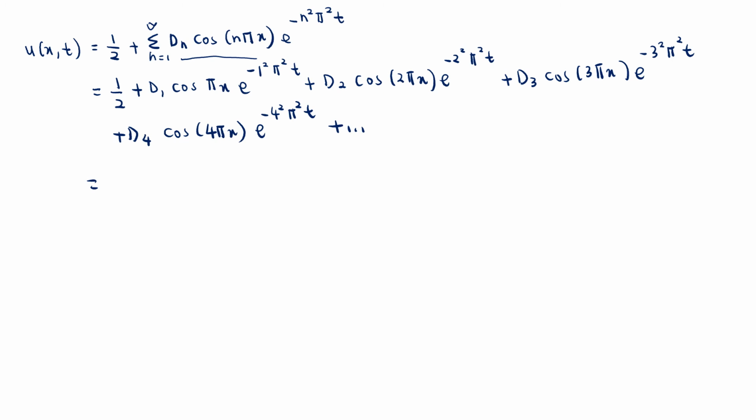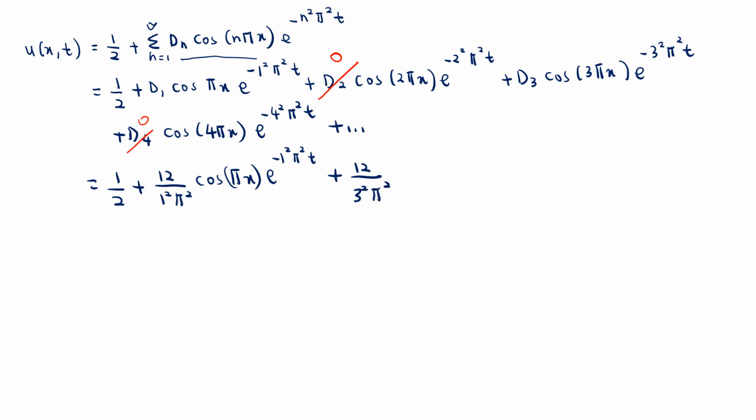We know that when n is even, d equals 0. So this will become 1 over 2 plus 12 over 1 squared pi squared, plus 0, and when n equals 3, we will have 12 over 3 squared pi squared times exponential, and so on.